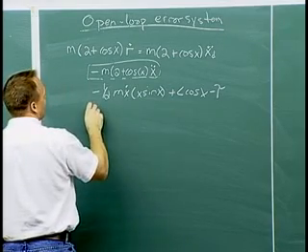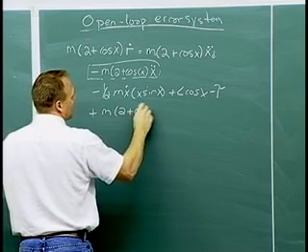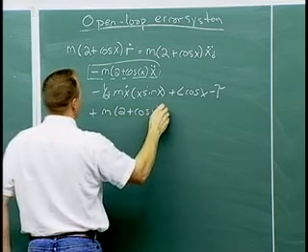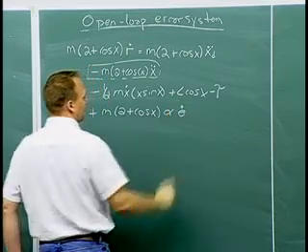And then I'm also going to have plus m times (2 plus cosine x) times alpha e dot.